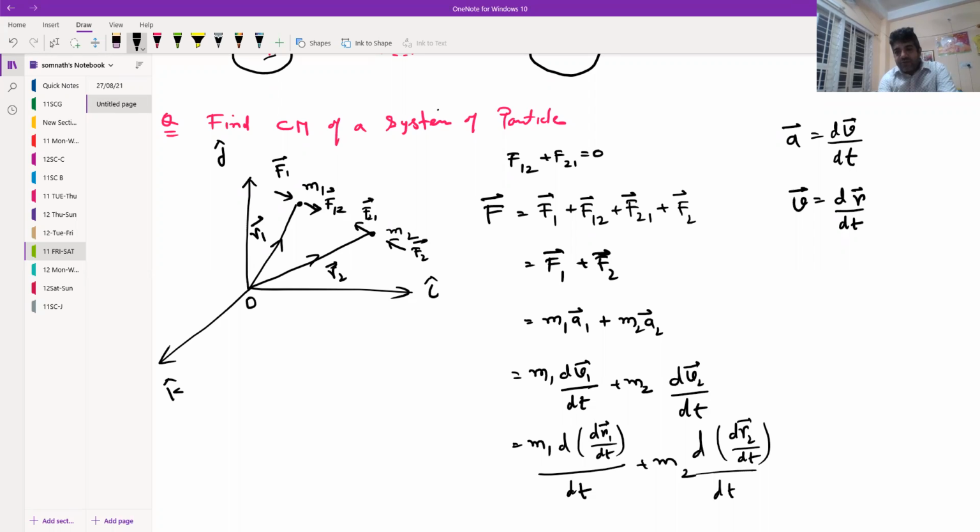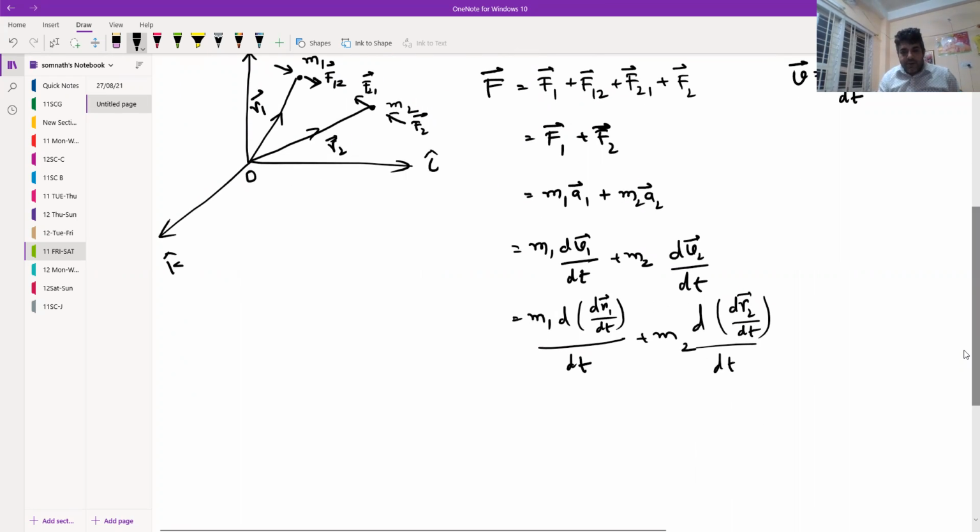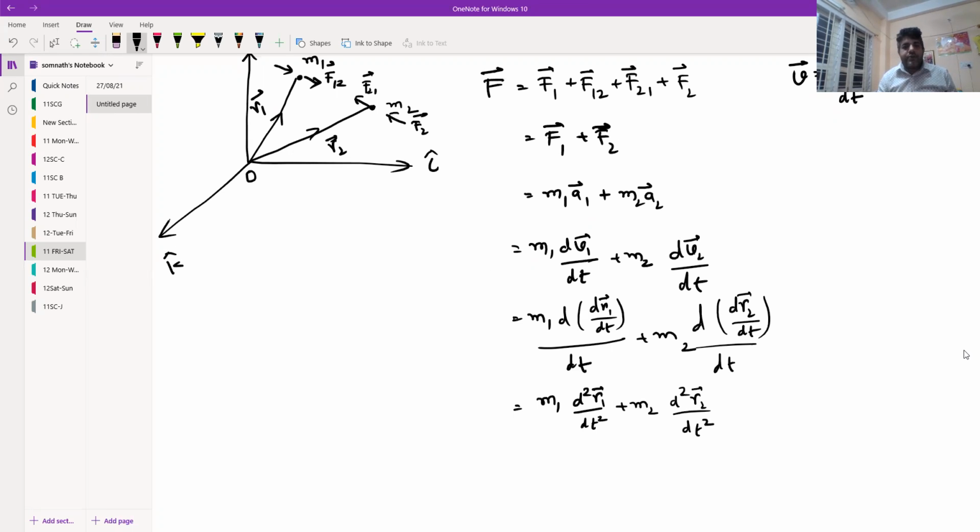So that is equal to m1 d square r1 by dt square plus m2 d square r2 by dt square. That means we can say d square by dt square of m1 r1 plus m2 r2.